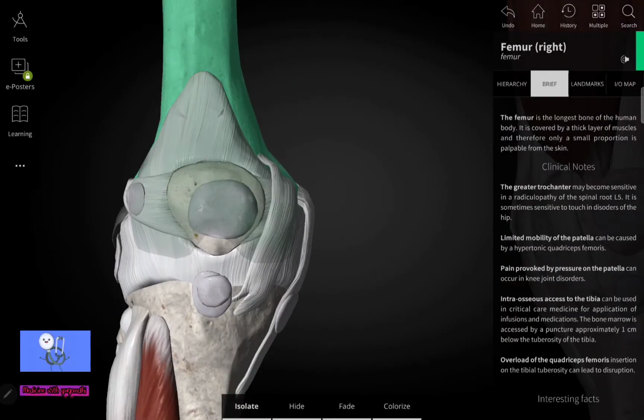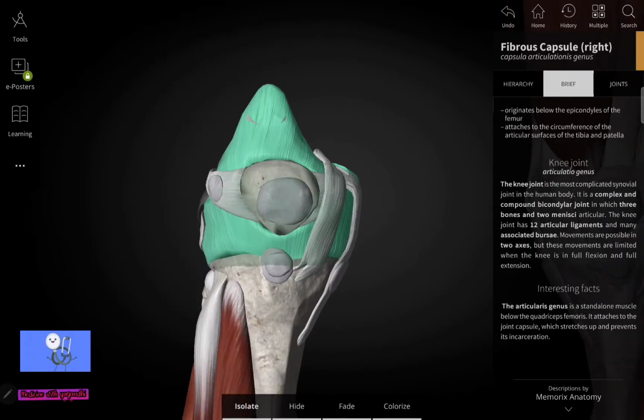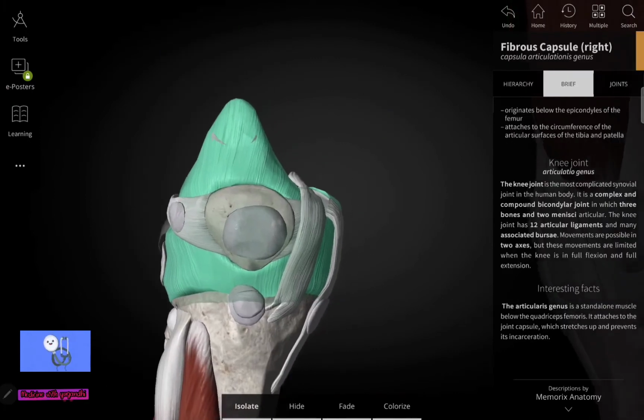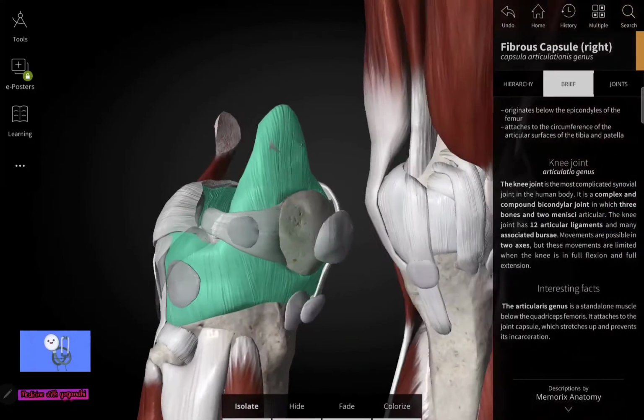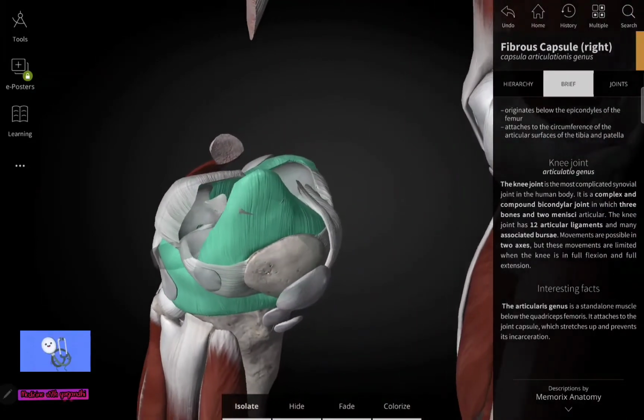So now coming to the next feature of the fibrous capsule, what I am going to discuss is the coronary ligament. So for that I am going to remove the femur. So I have removed the femur. What you are now seeing here is the fibrous capsule, this green shaded one. So what is a coronary ligament?